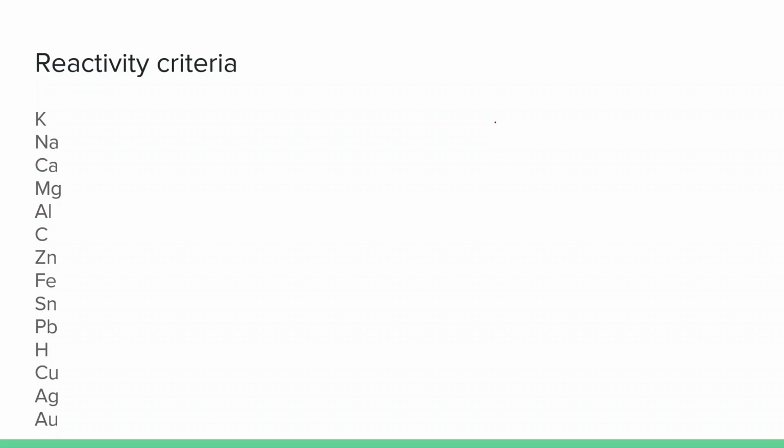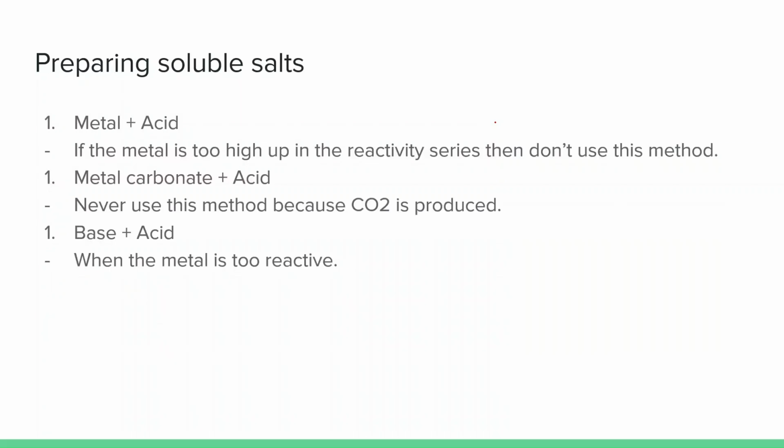That's the reactivity series. And preparing soluble salts, we basically have three choices. If it's a metal plus acid, the only problem is that if the metal is too high up in the reactivity series, then the reaction would be very violent, so we don't use this method. If it were metal carbonate and acid, the main problem is that the method produces CO2, which is not good.